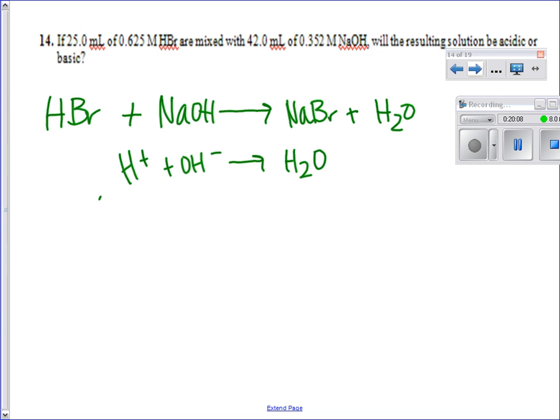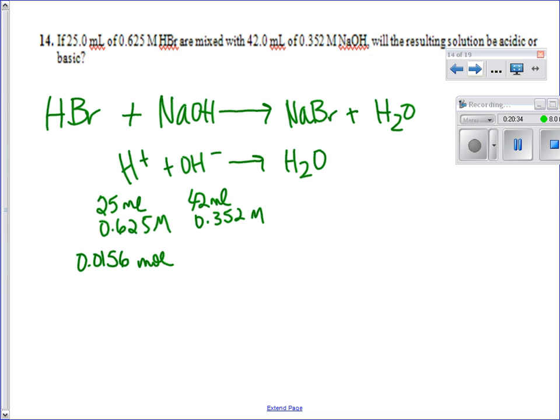We know we have 25 mils of 0.625 molar of this, and we have 42 mils of 0.352 molar of that. We're going to then multiply, again, to get the moles, we multiply volume in liters, 0.025 times 0.625. What do we get?